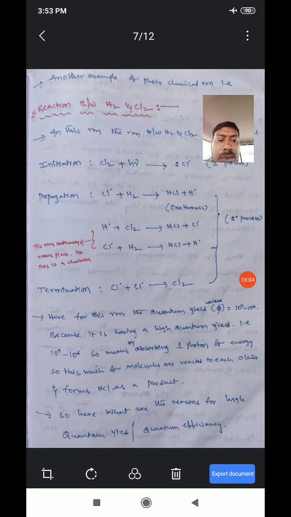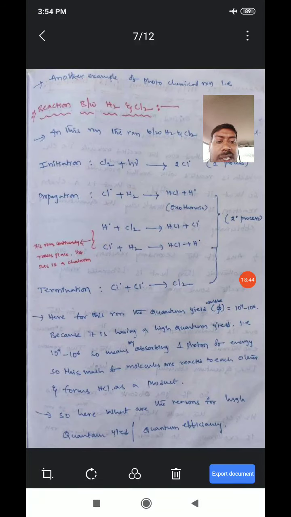Next, the hydrogen radical reacts with another reactant molecule, chlorine, and forms HCl plus a Cl radical. Again the Cl radical reacts with hydrogen and forms HCl plus a hydrogen radical. This reaction takes place continuously, so it is a chain reaction.